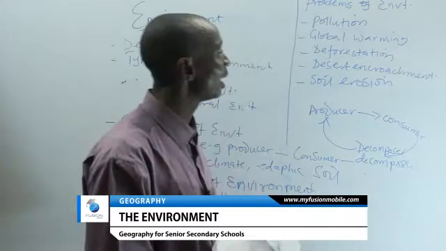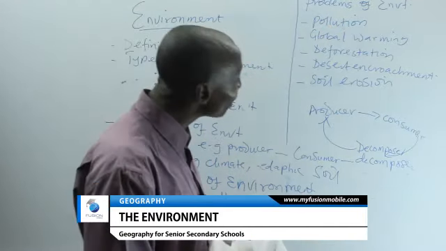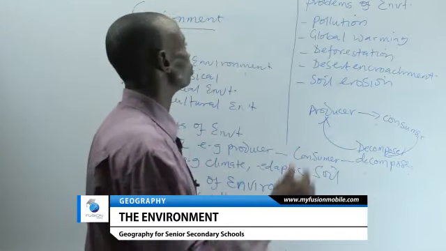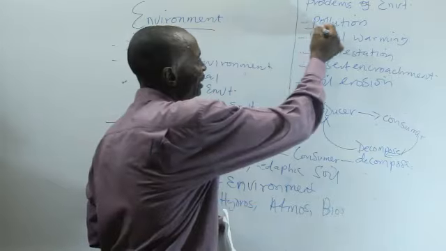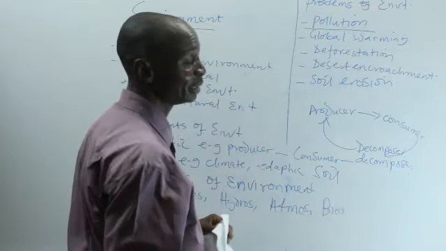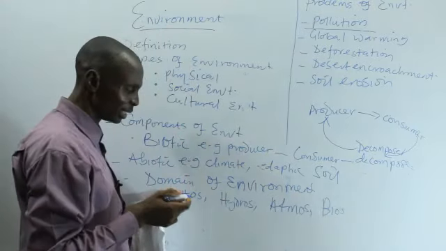That is what we are saying about the pollution of the environment. What are the effects of it when you pollute the environment? Do you know that once you discharge anything into the environment, you are damaging the environment, number one. We are talking about the domain of the environment now.